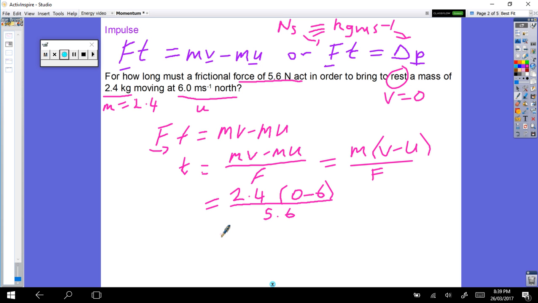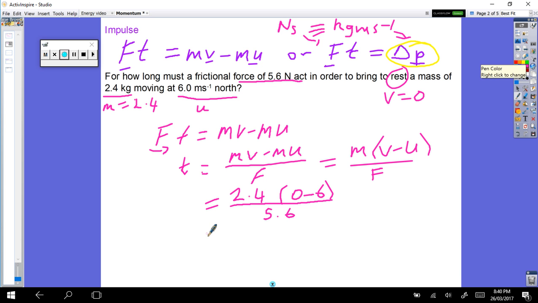Now, you're probably looking at this and thinking, well, 0 minus 6 is going to give us a negative number, which it will. However, remember that impulse is a change in momentum. So it doesn't matter whether you get a negative or a positive at the end, because we're looking at time, and change is just a kind of absolute value.